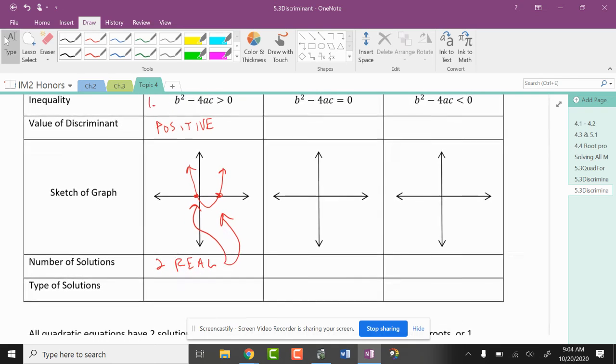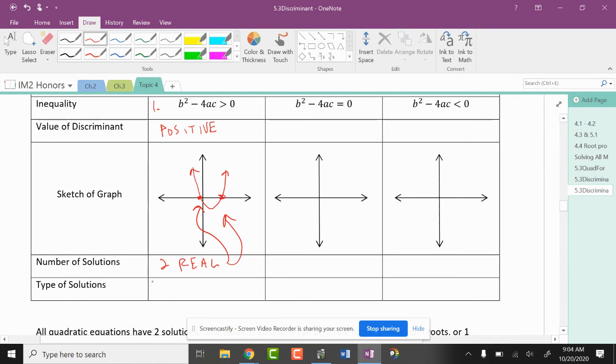Types of solutions. Okay, well, let's break it down even more. In our example number 1, we had a perfect square. Whenever you have a perfect square, the zeros are actually rational. And I don't have too much time to discover that, but rational is a nice fractional answer. Perfect square, you square root it, you get a nice number, then you're able to evaluate it and get a nice number that you can put on the coordinate plane without your calculator.